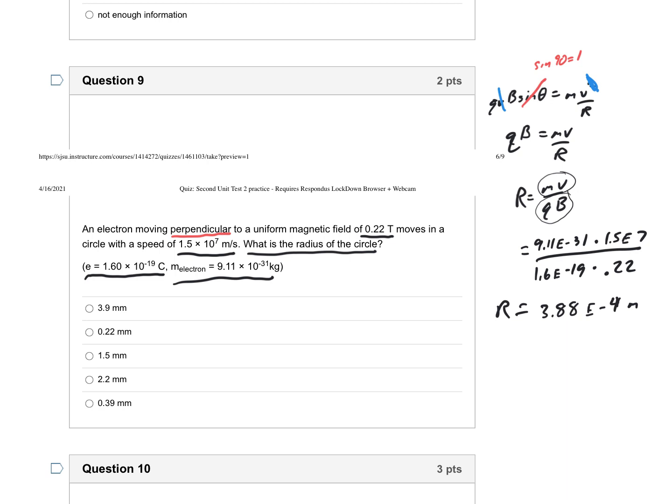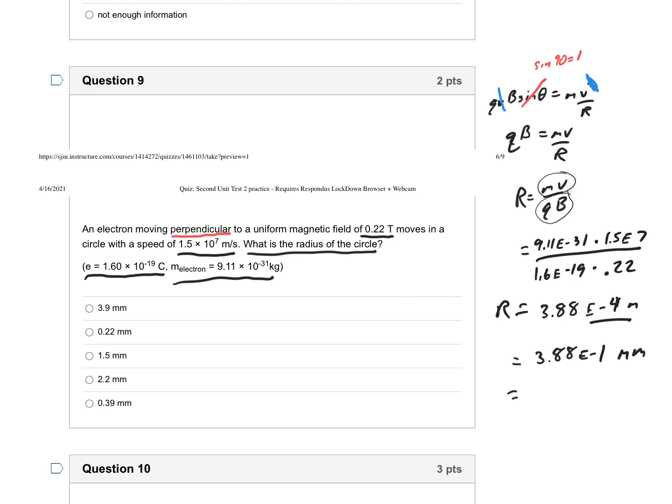Well, how big is that? Well, remember that millimeters is 10 to the negative 3. Pulling out a 10 to the negative 3, I get 3.88 e negative 1 millimeters.